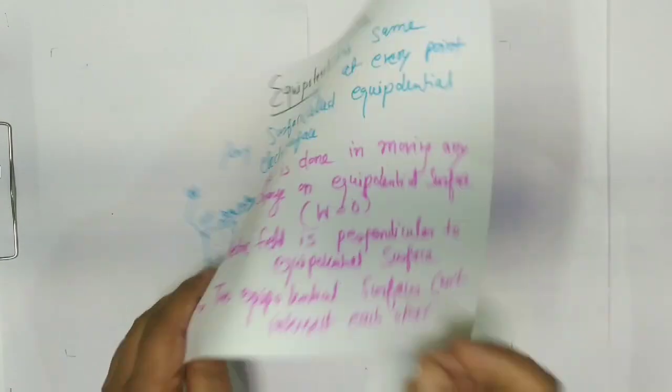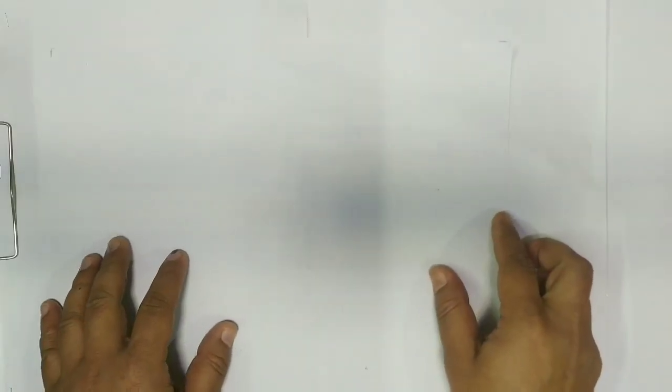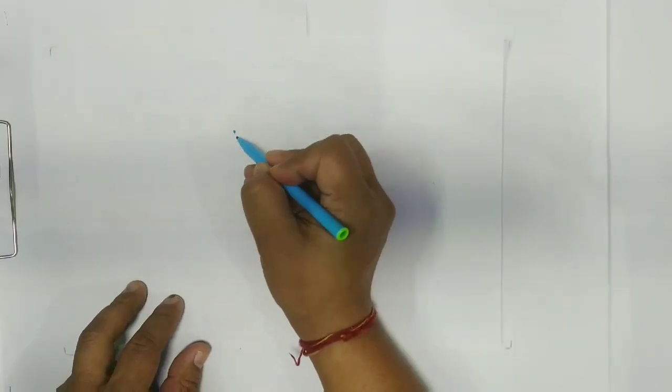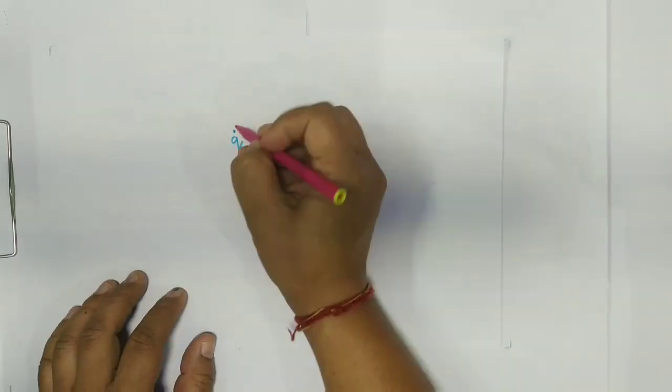Now I am going to draw some equipotential surfaces, how the equipotential surface can be drawn for charges. Say there is a charge Q. Do you know you can draw equipotential surface for this?